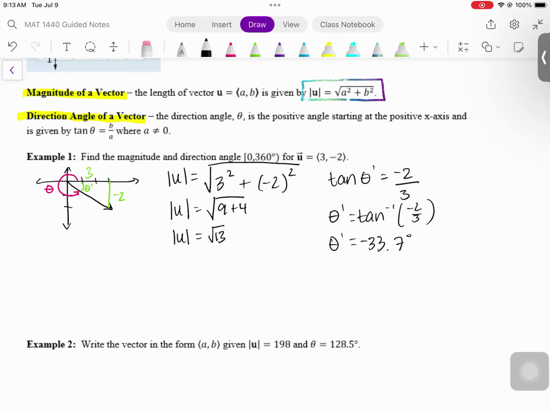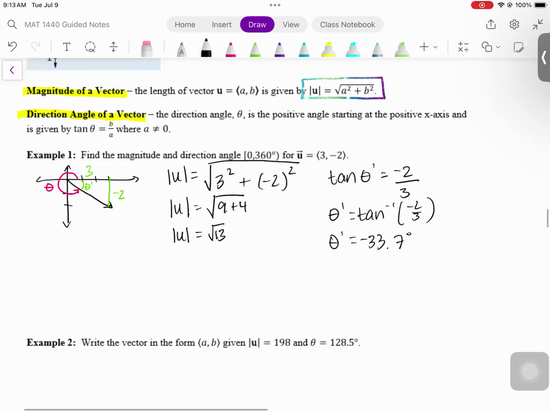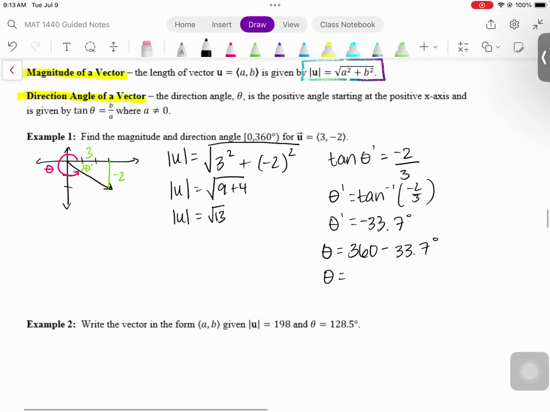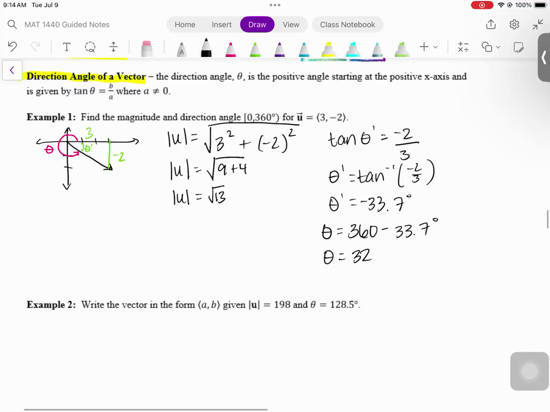So that angle theta prime is the same as 33.7 degrees. That negative just gives that direction. So then to find our direction angle, theta, we're going to take 360 degrees and subtract that 33.7 degrees. We find that our direction angle is 326.3 degrees.